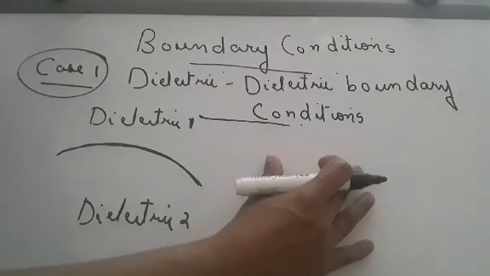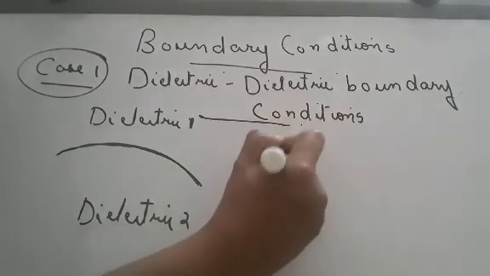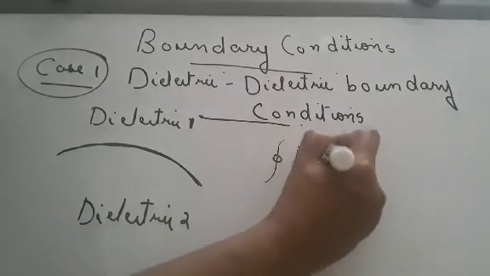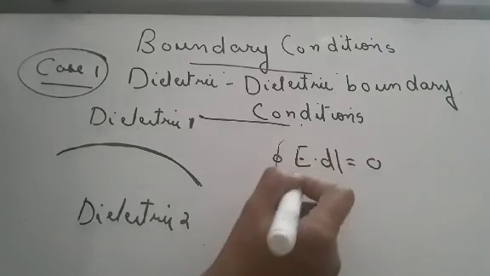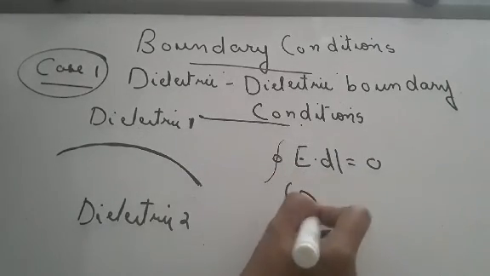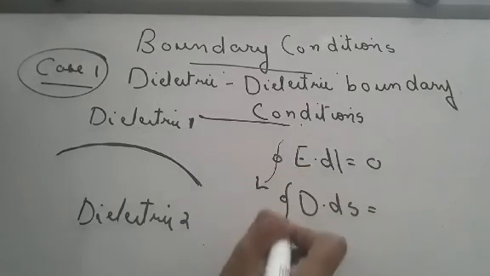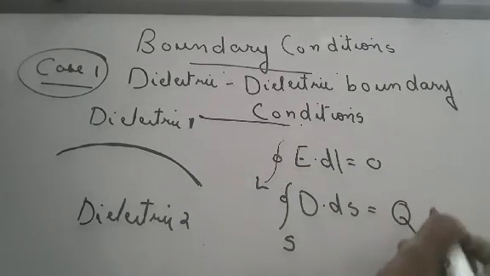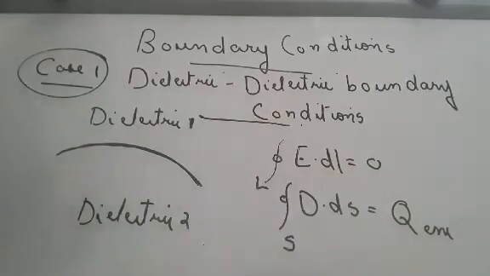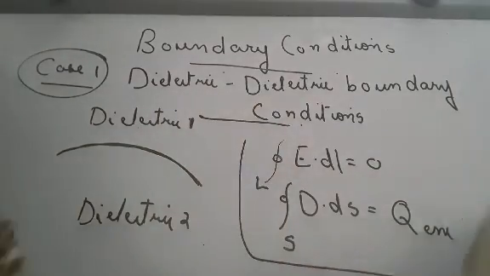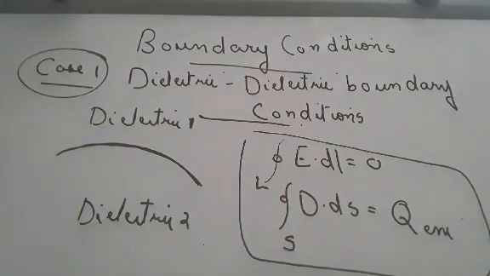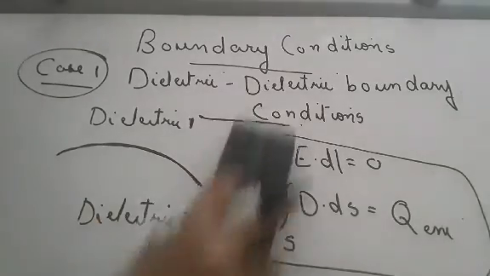So two equations that we need to know. One is the conservative nature equation, closed line integral of E dot dl equal to 0, and another is Gauss's law, which is surface integral of D dot ds is equal to q enclosed. So these two equations we need to know for deriving the boundary conditions.